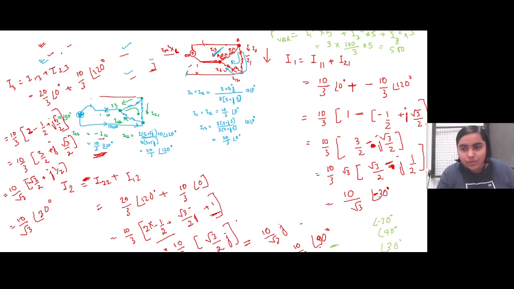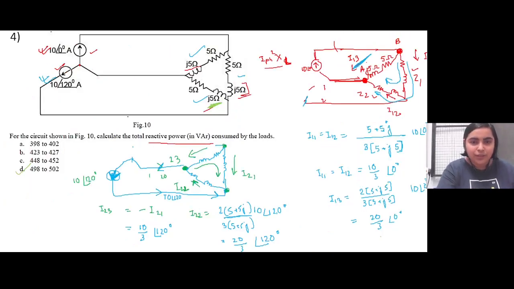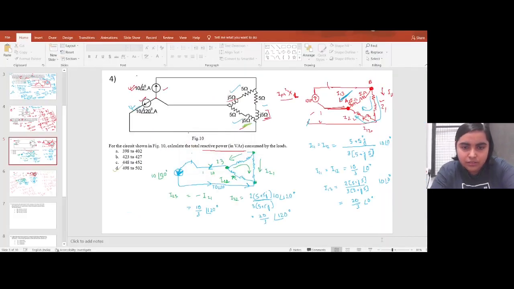Sir has shown using the phasor diagram, remember? So in case we make a mistake, we can also revalidate our calculation. I hope everyone is okay with this. If yes, we'll move to the next problem.